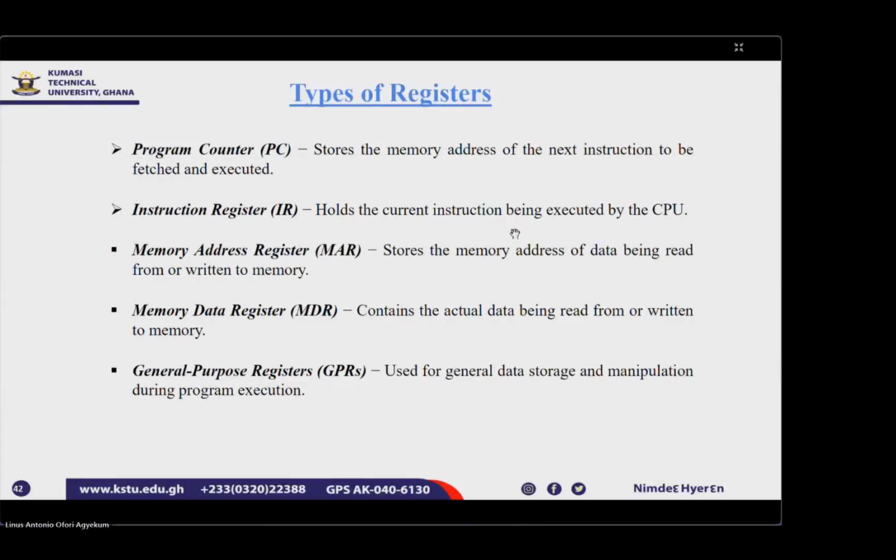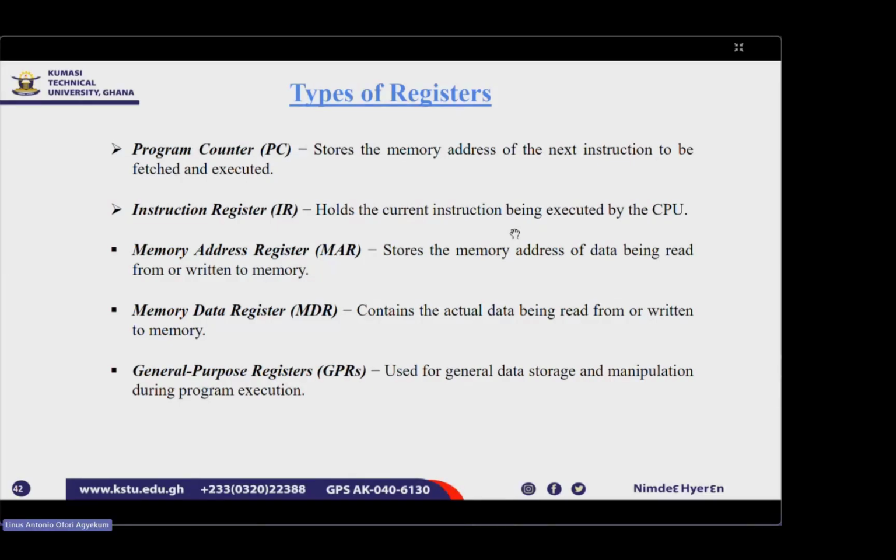Mostly all instructions are stored within the main memory, they are only brought into the processor for execution. So until they are being executed, they are not in the processor, they are in the memory. It is only when they are being processed that they are brought into the processor and kept in a certain register.